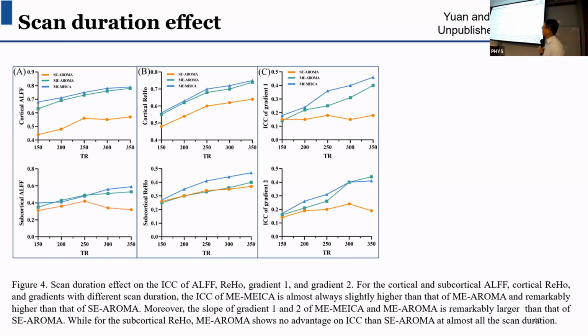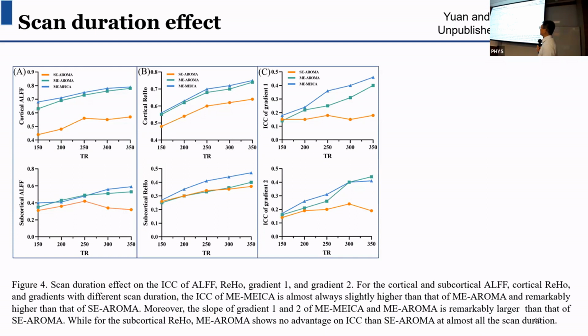And you can see this repeated for amplitude, for regional homogeneity, and for gradient analysis. The worst case is the functional gradient analysis. You can see with single echo, the ICC value is always below 0.3. It's far away from 0.5, the threshold we want to reach, right?